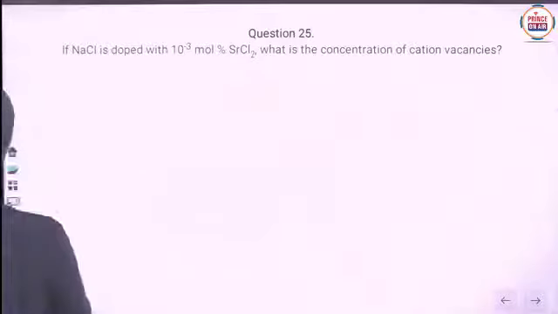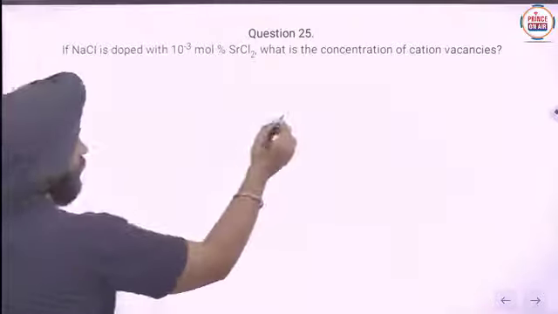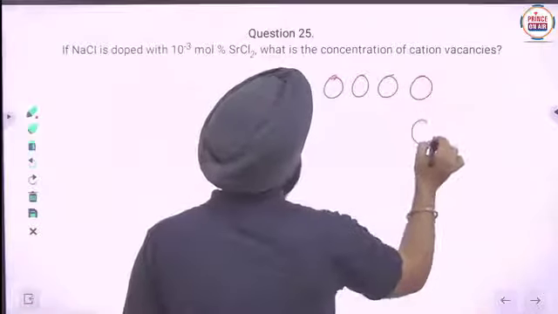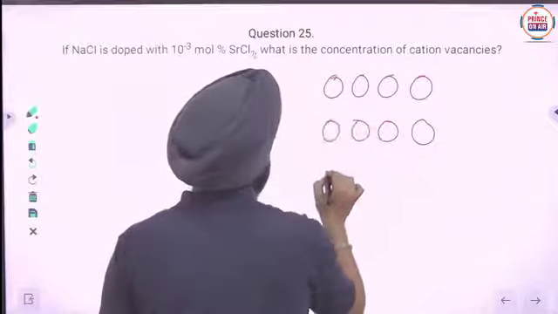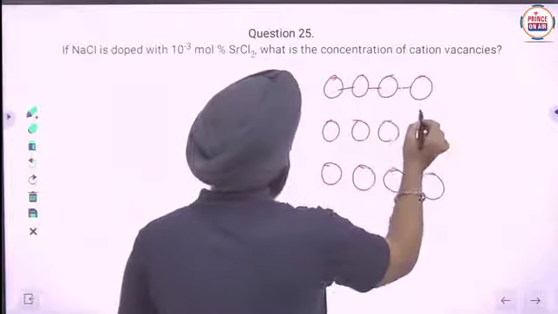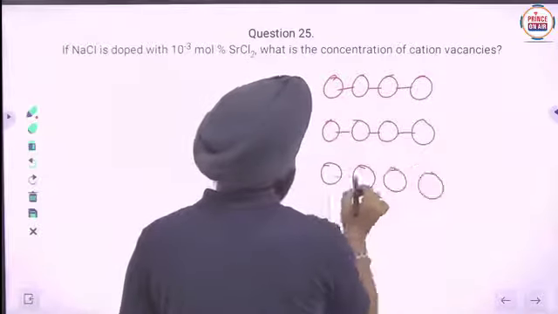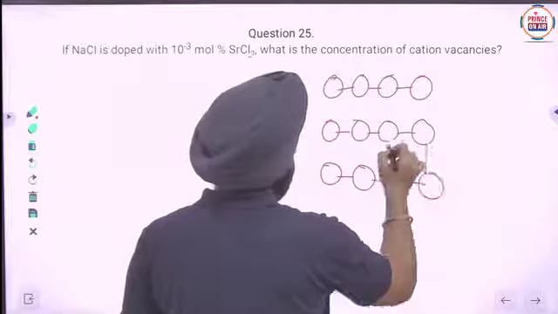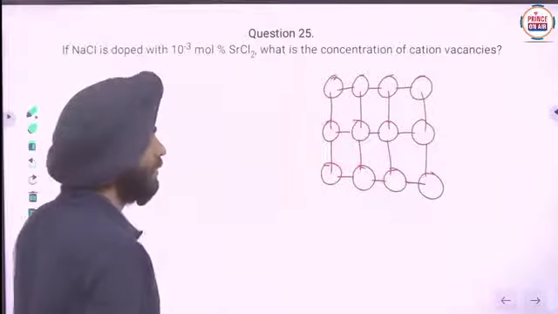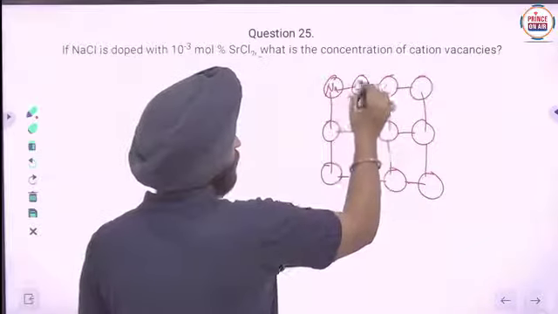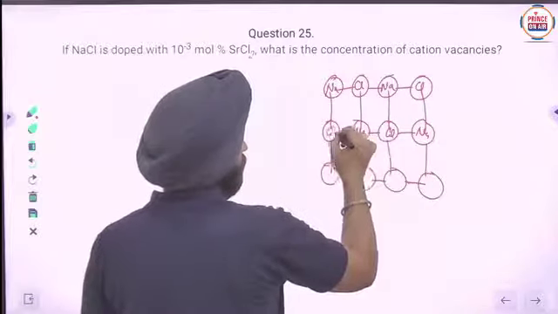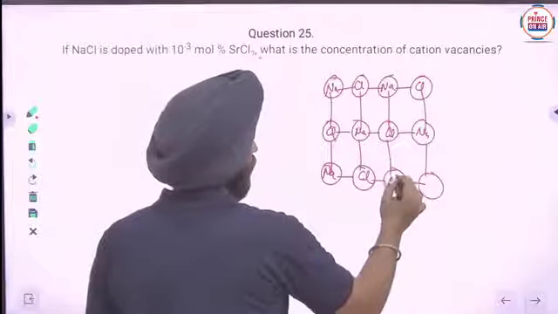See, in NaCl, here you can say this is NaCl, NaCl, NaCl, NaCl, NaCl, NaCl.